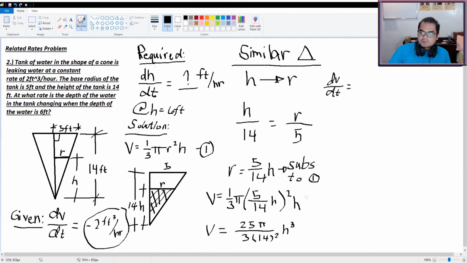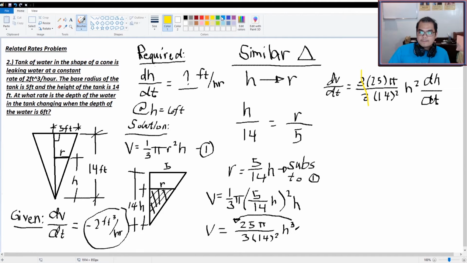The 3 will go down, so you'll have 3 times 25 pi all over 3 times 14 squared, h squared, because that will become 3 times h to the 3 minus 1. Of course, we don't forget the derivative of h is also dh over dt. We can cancel out the 3 over 3.